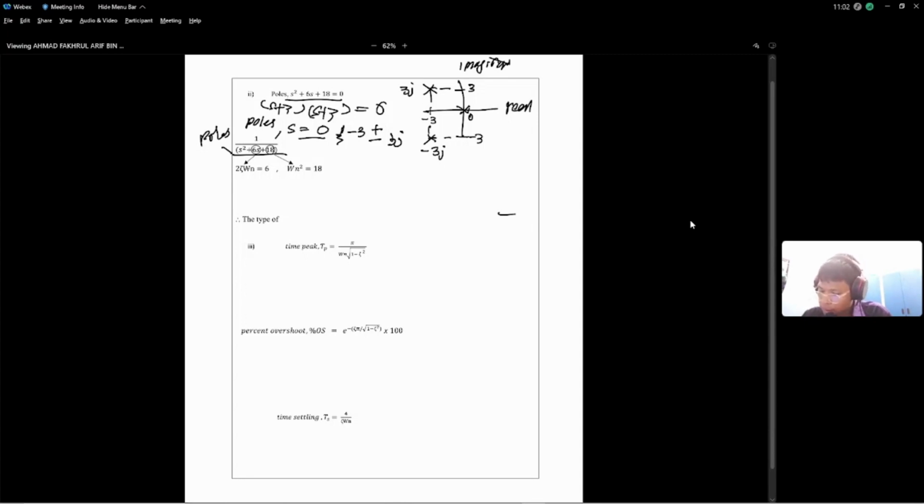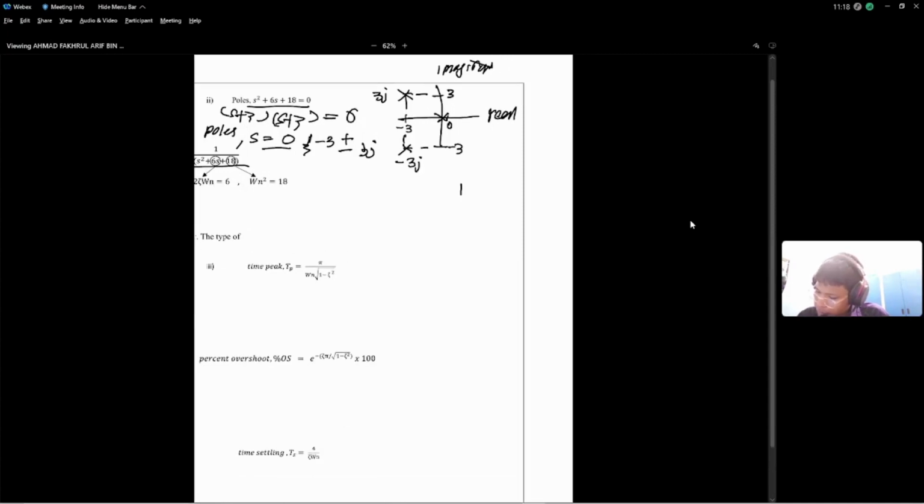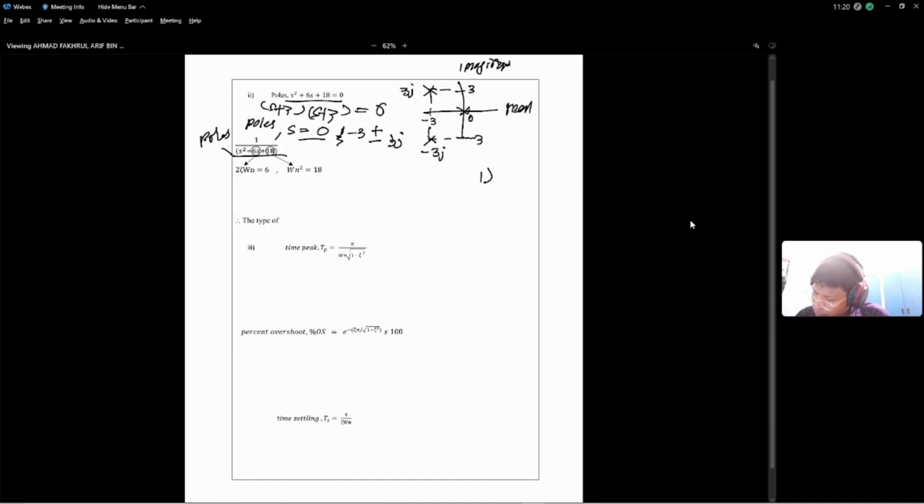And then to determine the type of the system response, the system response has four types. First is undamped. Second is underdamped.